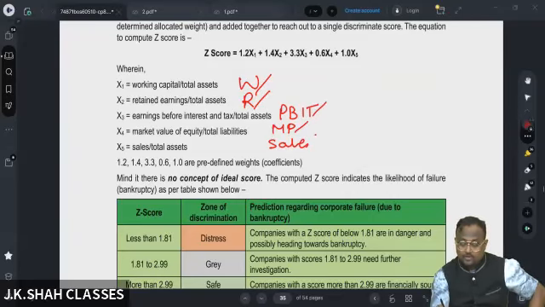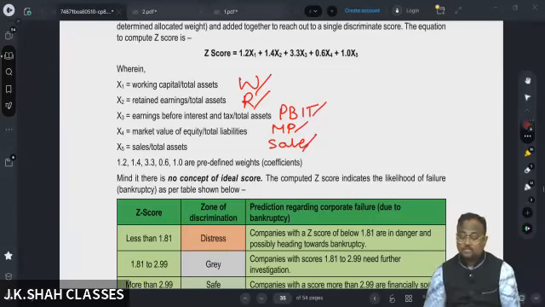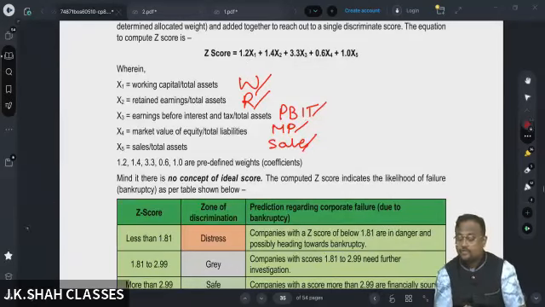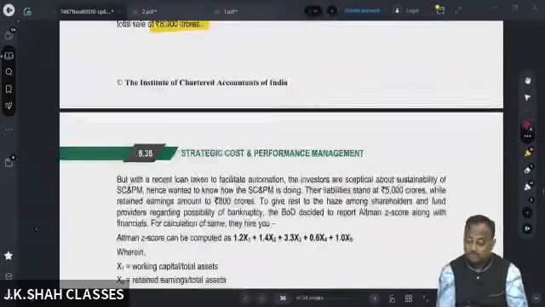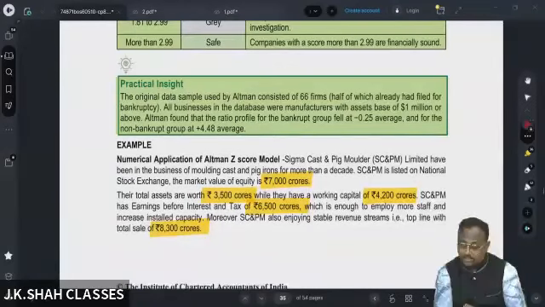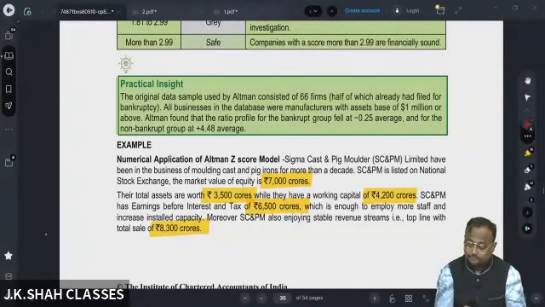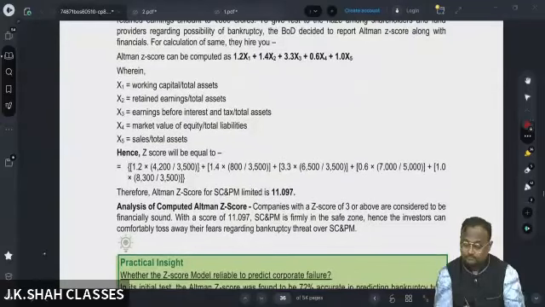Everything will be divided by total assets. That will give you some proportion, which will be applied on 1.2, 1.4, 3.3, 0.6, 1. So, अपना total asset कितना दिया है? So, you have five calculations. In all five, 3,500 will be your denominator. देखो, पांचों केस में 3,500 is the denominator.